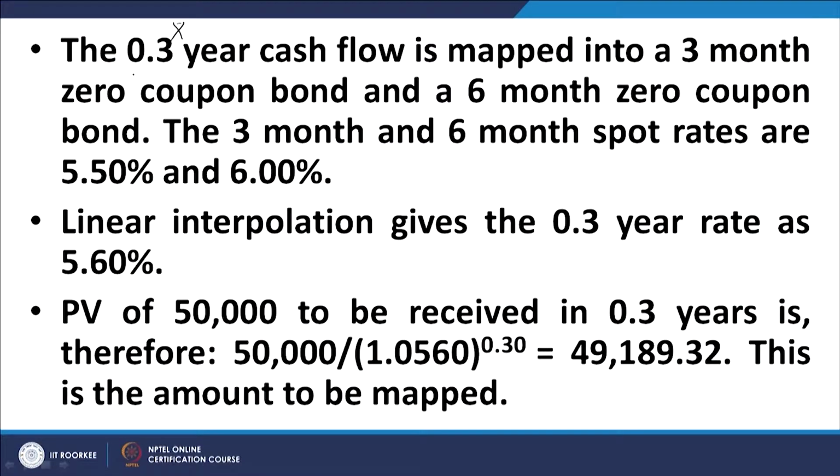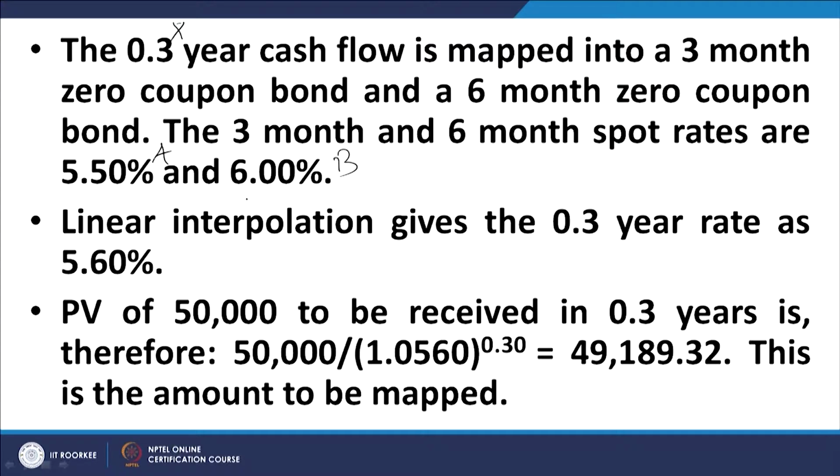Let us call this bond X, let us call this bond A, and let us call this bond B. So, we have to map X into A and B, and the spot rate corresponding to X is worked out by the interpolation of the spot rates for A and B at 5.60%.